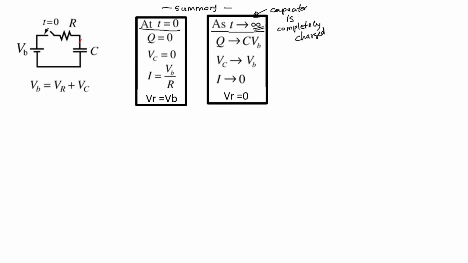We give enough time till the capacitor is fully charged. So we can see that the charge in the capacitor has increased, the voltage across the capacitor has increased, the current in the circuit has decreased, and the voltage across the resistor has decreased.